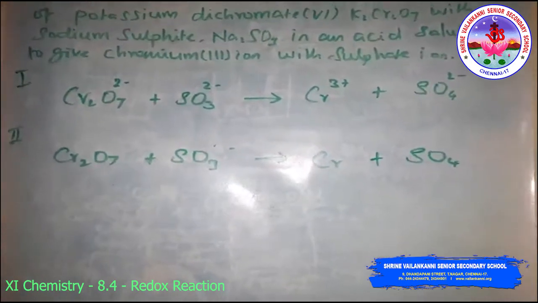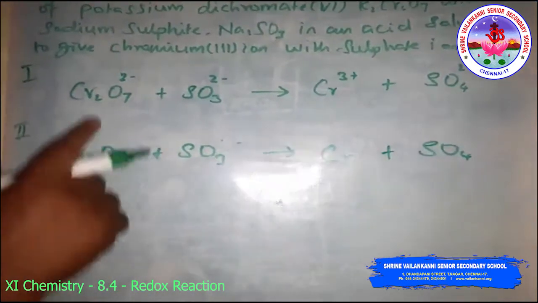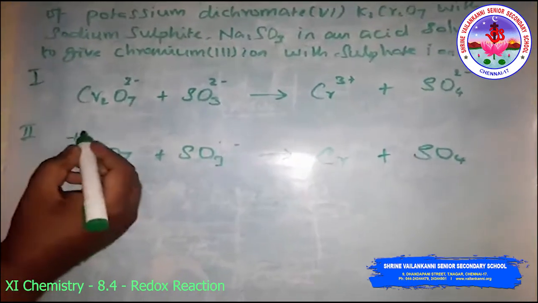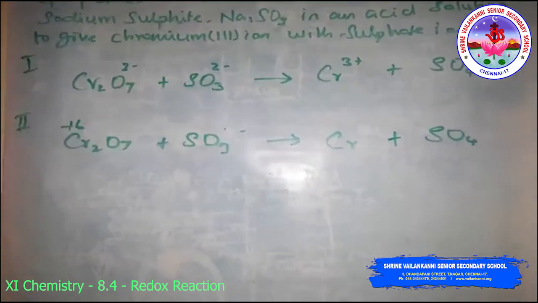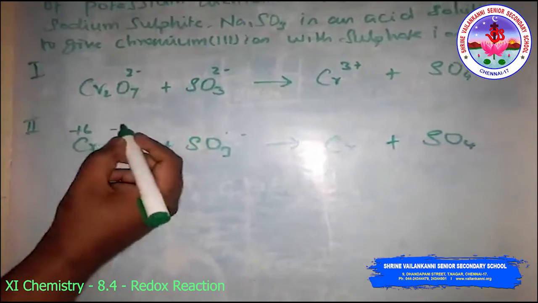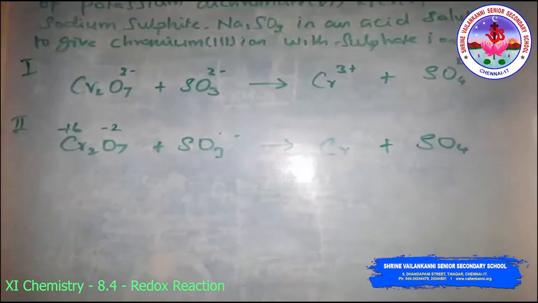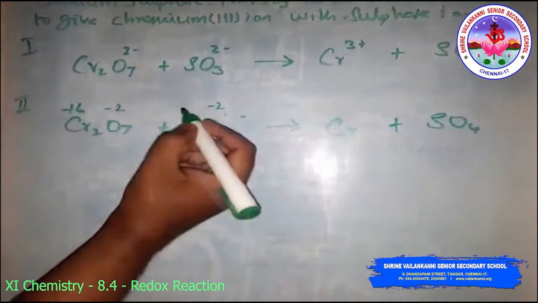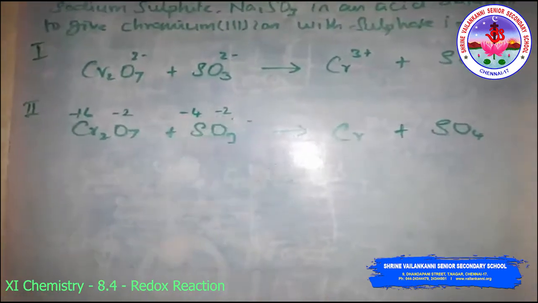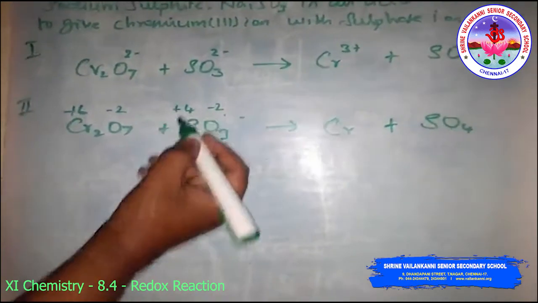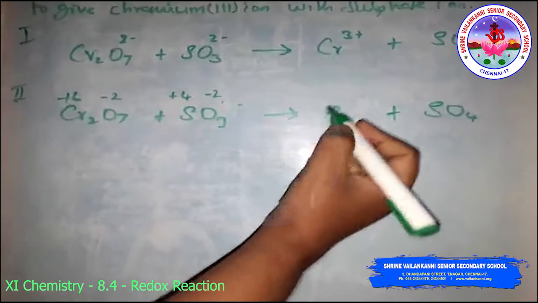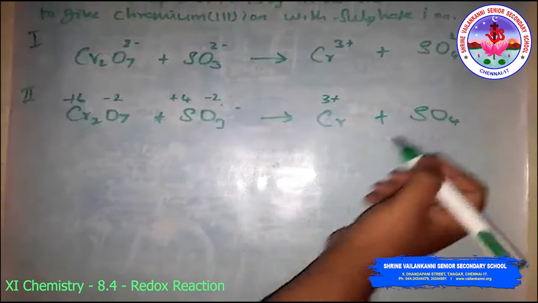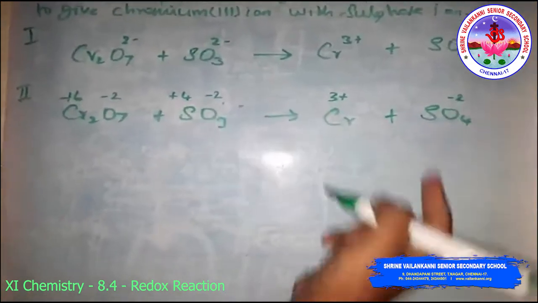Now assign the oxidation numbers. In dichromate, chromium has an oxidation number of plus 6, and oxygen is minus 2. In sulfite, oxygen is minus 2, so sulfur is plus 4. Chromium in the product is already 3+. In sulfate, oxygen is minus 2, so sulfur becomes plus 6.